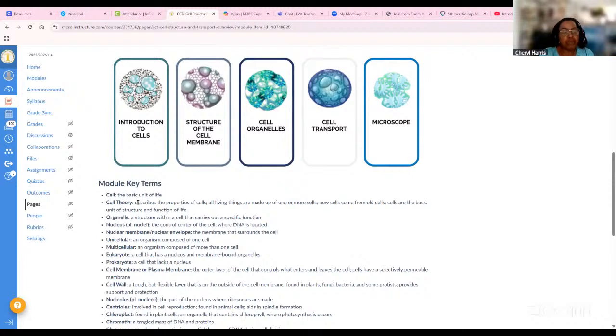It's going to be important that you learn the cell theory and understand it, because this is going to help you decide whether something is living or non-living. Something is living if one, it is made up of cells, and two, they are the basis of the structure and function of that individual.